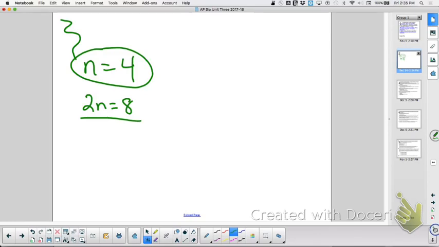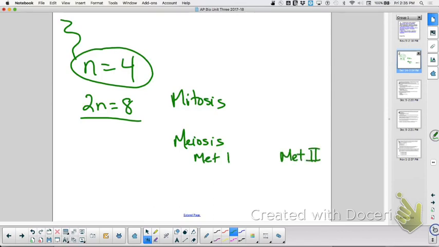Then could you draw, let's just pick all the different, mitosis. So all the metaphases that you could possibly have. So you could have mitosis, and then you could have meiosis, metaphase 1, and you could have metaphase 2. Do you agree with that? Yeah. Okay. Could you, in your mind, imagine what those cells would look like?